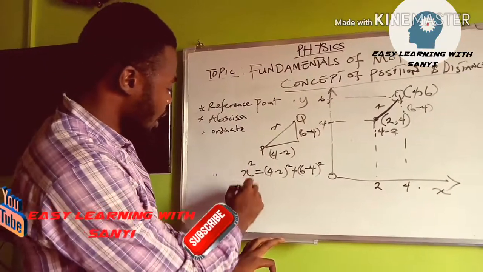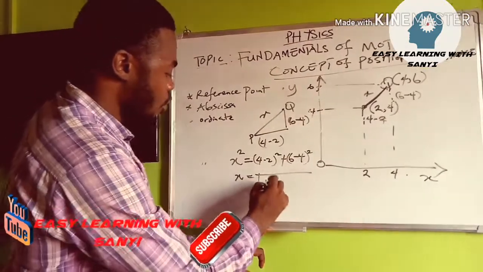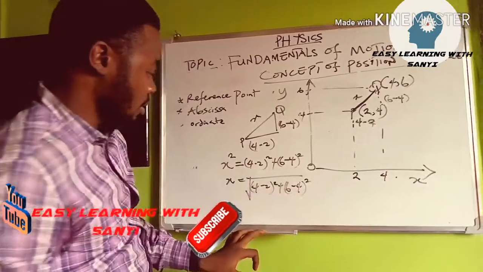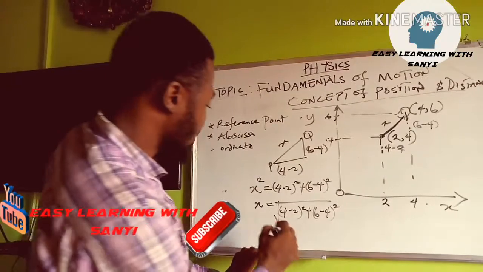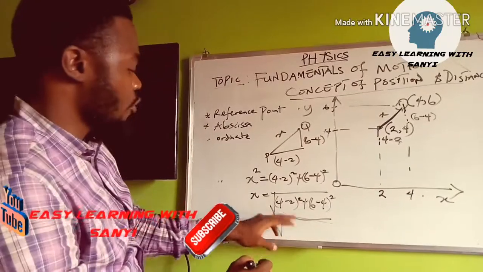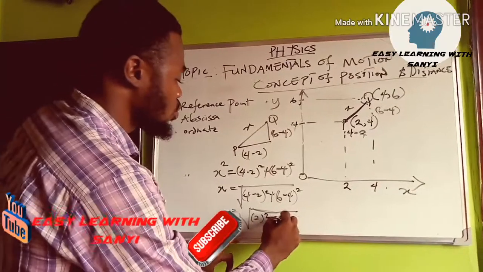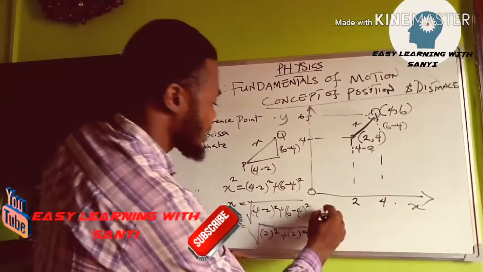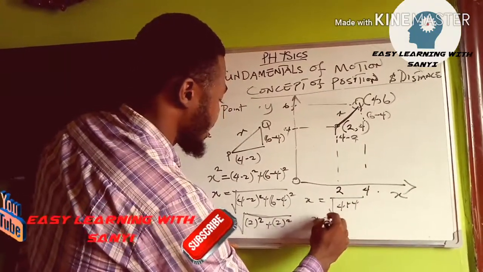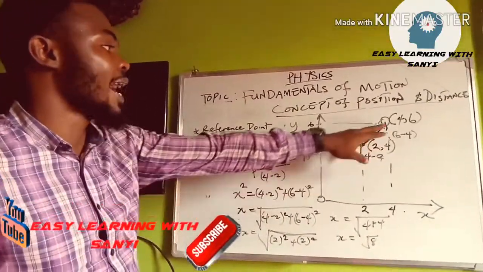So x equals the square root of 4 minus 2 squared plus 6 minus 4 squared. 4 minus 2 is 2, squared, plus 6 minus 4 is also 2 squared. So x equals the square root of 4 plus 4, so x equals root 8. Now root 8 is the distance between P and Q.